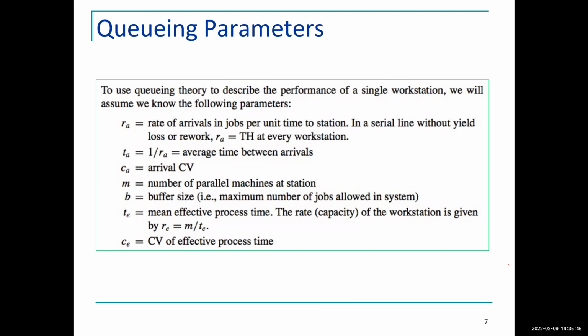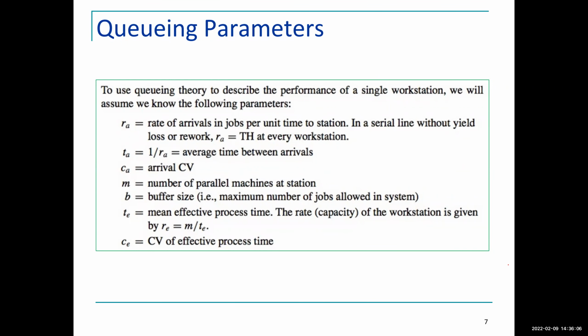TA is the average time between arrivals and is the same as 1 over RA. CA is the coefficient of variation for the arrival process. M is the number of parallel machines at the station. B is the buffer size, for example, the maximum number of jobs allowed in the system.